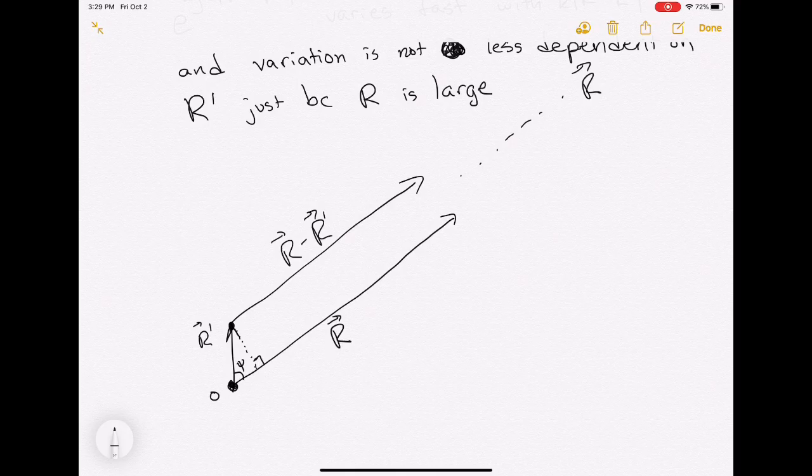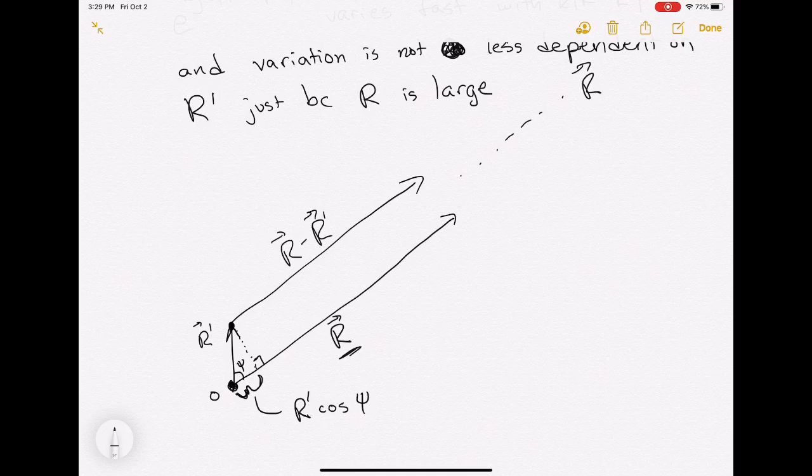We can do that with triangles. We'll drop a perpendicular line from the r prime point onto that r vector. We will notice that the corner of this triangle is psi, the angle between the two vectors r and r prime. And then we'll try and figure out what this tiny distance right there is. What is that distance? Because that is the difference in length between just r and r minus r prime. It turns out, if you take a look and you know your right triangles, that distance is r prime cosine psi.